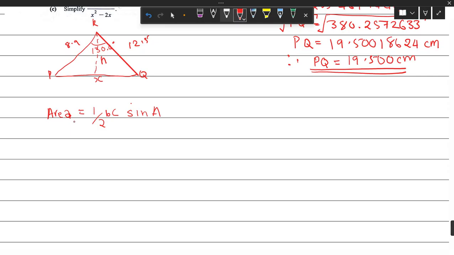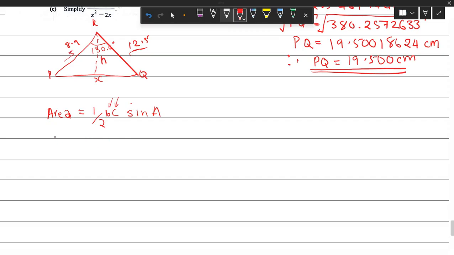So how do we get this? We can calculate the area first using this formula. So B and C, remember from our previous formulas, these are two opposite distances separated by the angle. So A is the angle between two opposite distances. So we remember we had this and the angle in between.